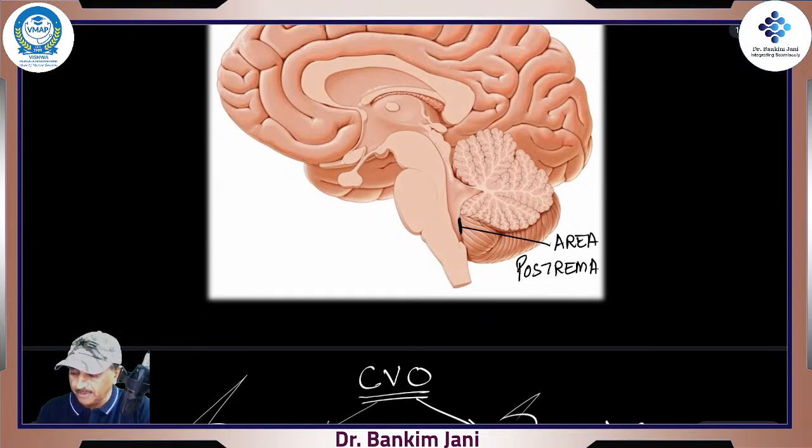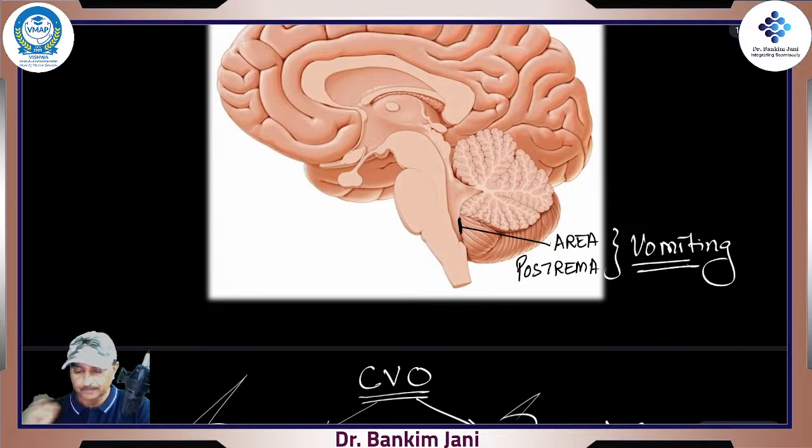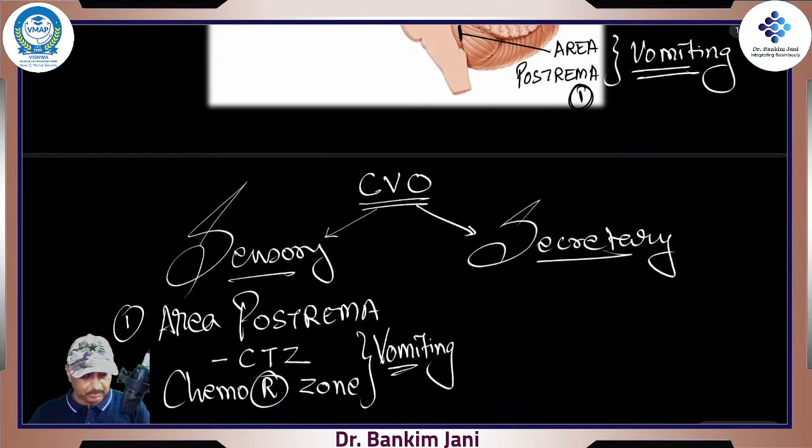See how important, and this one is the center for vomiting. So that is area postrema. We just name it as number one, so this is over here. We have already marked it as one. This is the first one.